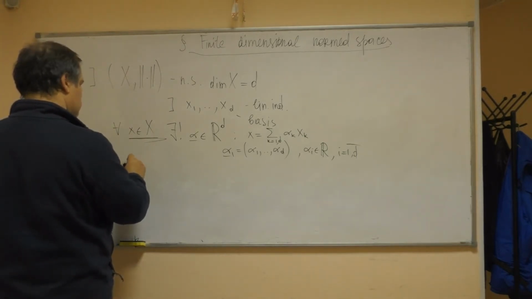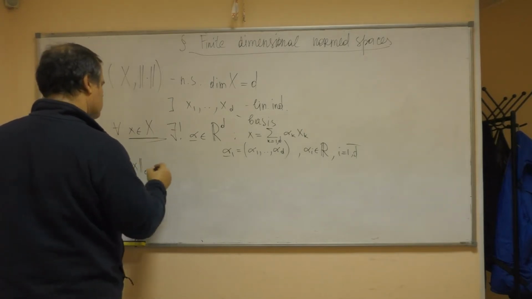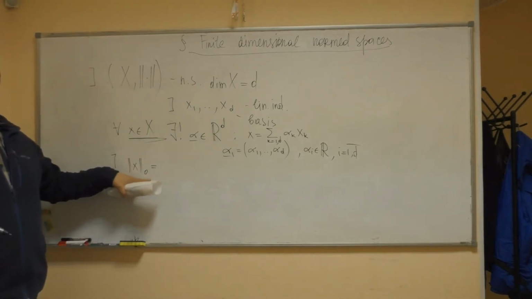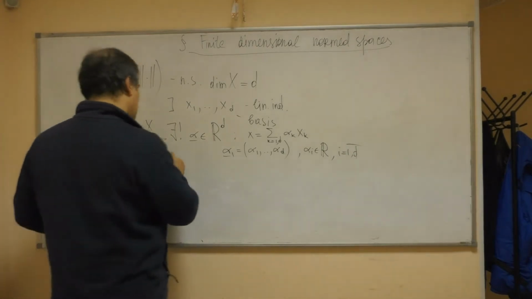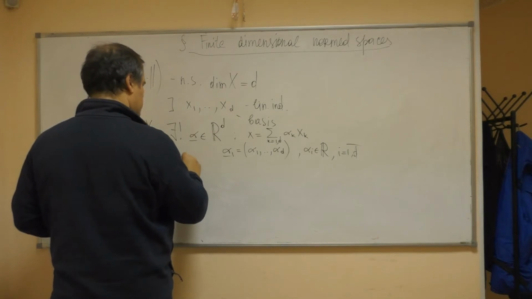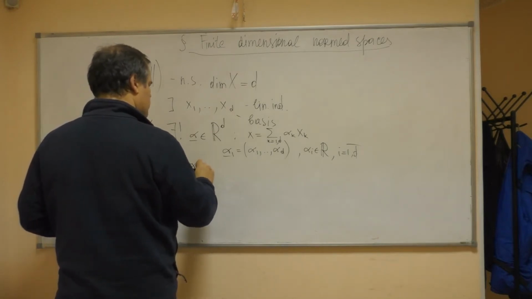Let us define a function. We call it norm with index 0, as a sum of absolute values of these coordinates.